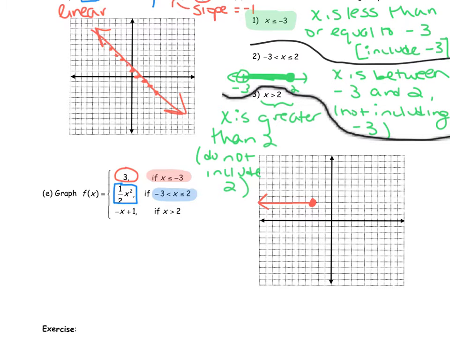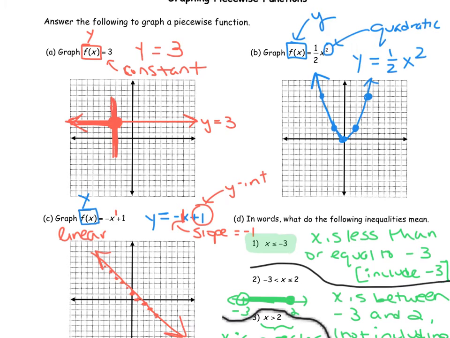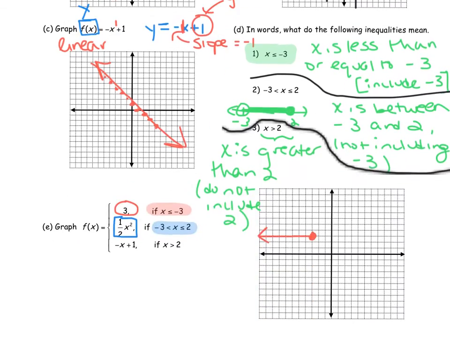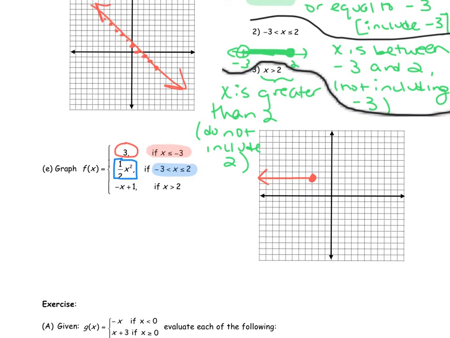So now when I come back up to my graph, up here, we are looking at this only between -3, so that's here when x is -3, and when x is 2. So I'm only going to be graphing what I see in between here. That's the only part of the graph I'll see. So let's do that between -3 and +2. Now just be careful because at -3, remember there's that open circle because of the no underline here.